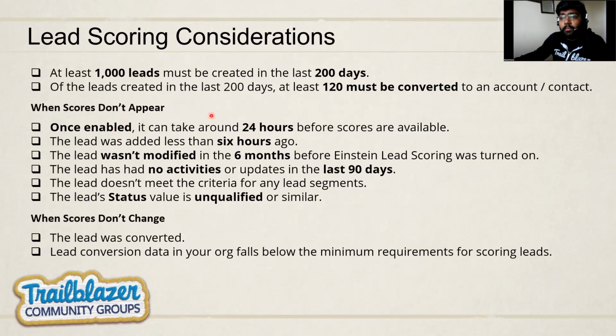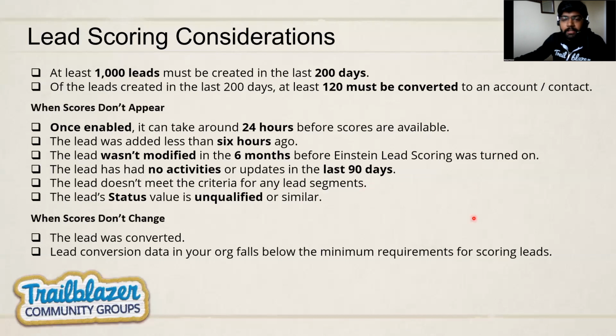Now, what are the other reasons that the score is not appearing? Once you enable this, it will take at least 24 hours for the scores to be available for the first time. And then once you create a lead, it will take 6 hours for that particular lead to get its score generated. Then there are some other minimal things: if the lead is not modified in the last 6 months, has no activities in the last 90 days, or is not meeting any segment.